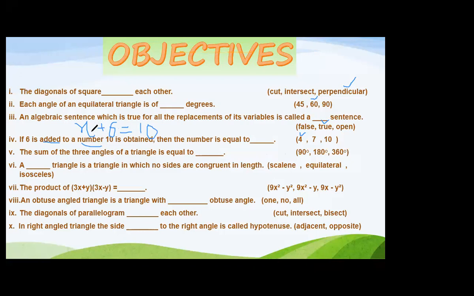Added is written over here, so why are we going to subtract it? 6 is added to a number, the number is x, so x plus 6. 10 is obtained means it is equal to 10. Now we want only x, so this 6 is going to be subtracted from 10. So 10 minus 6 gives you 4, right?